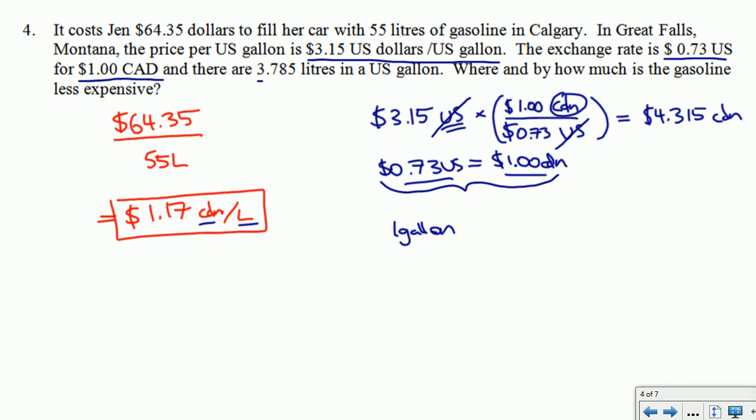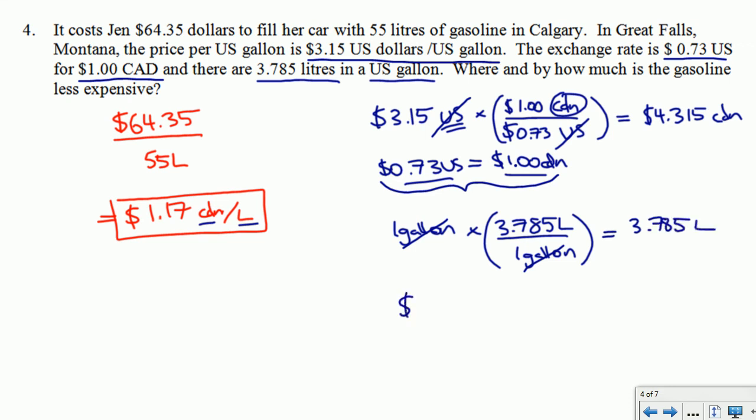So given that there are 3.785 liters per 1 US gallon, we can multiply 1 gallon by 3.785 liters per 1 gallon, and gallon divided by itself is 1, and we're just left with a number of liters. So if we do 1 times 3.785 divided by 1, that gives us 3.785.